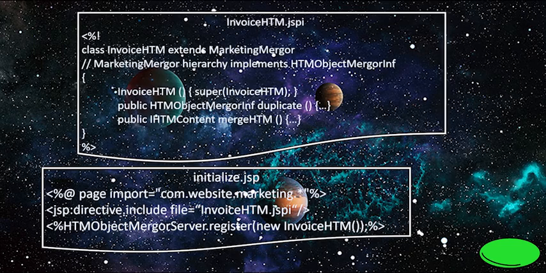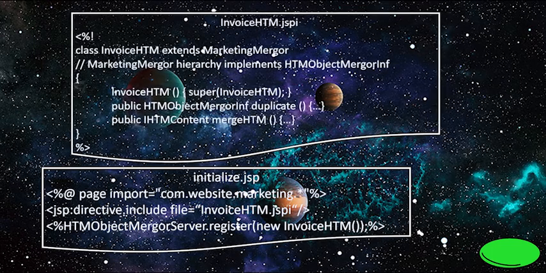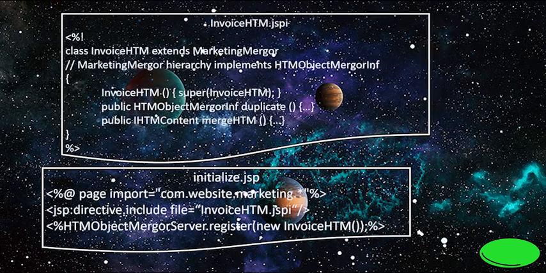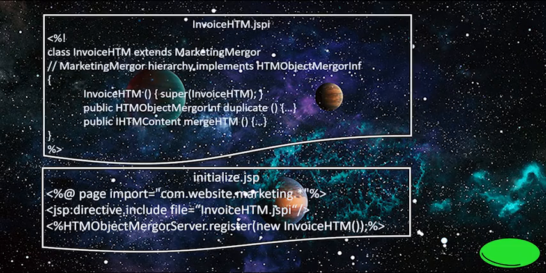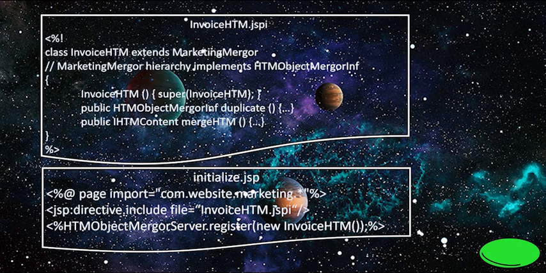There are no new restrictions with the JSP include file, but with Lentiles PaaS, there are self-imposed structural and naming conventions. First, the first program construct in the file must be a Java class that within the class hierarchy must implement HTML object merger interface.